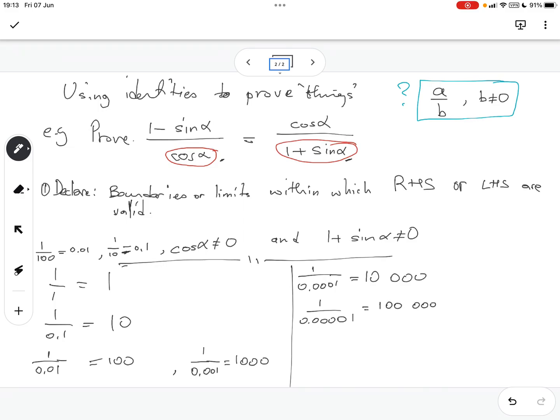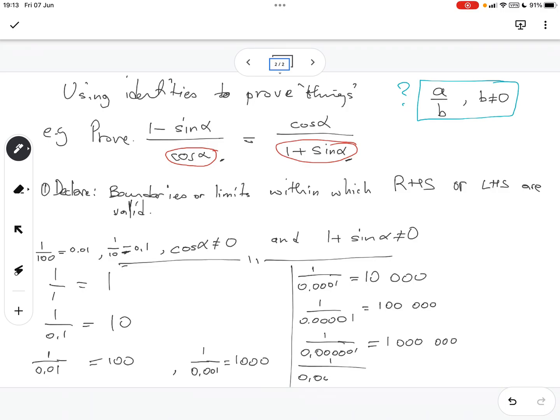And then 1 divided by 0.00001 is 100,000. And 1 divided by 0.000001?